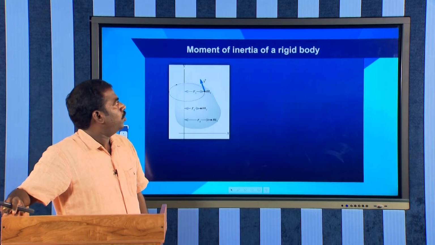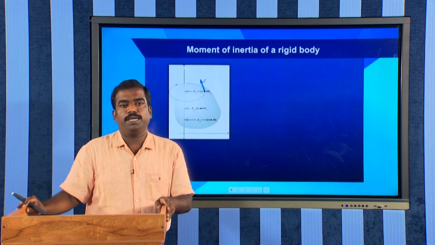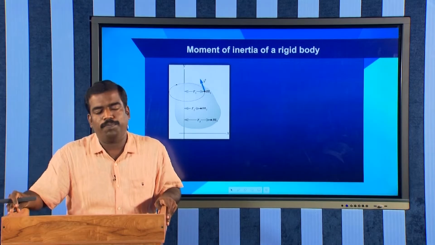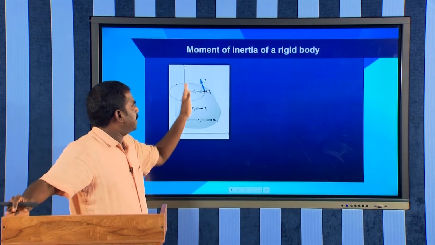Next we need to learn the moment of inertia of a rigid body. I told you a rigid body consists of a large number of particles. In the previous session we learned how to find the moment of inertia of a point mass or a particle of mass m, but here this is a rigid body, which consists of a large number of particles. How to find the moment of inertia of a rigid body?